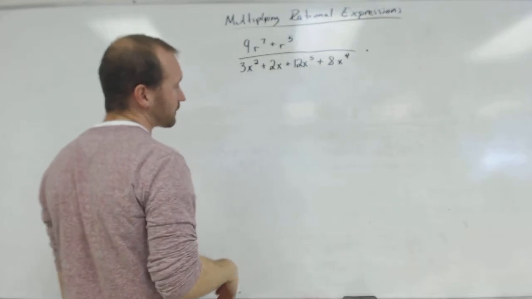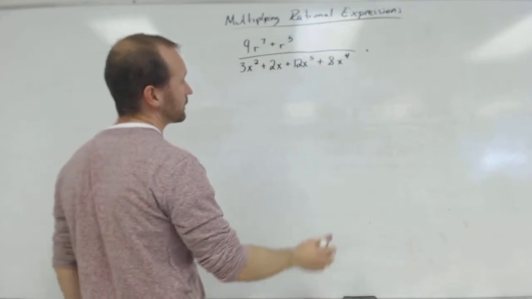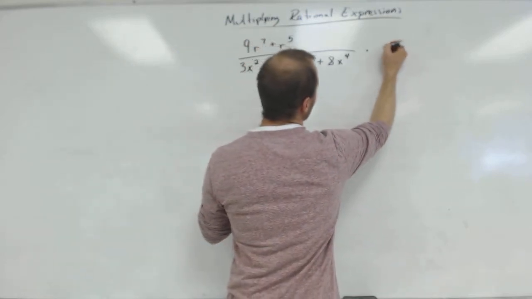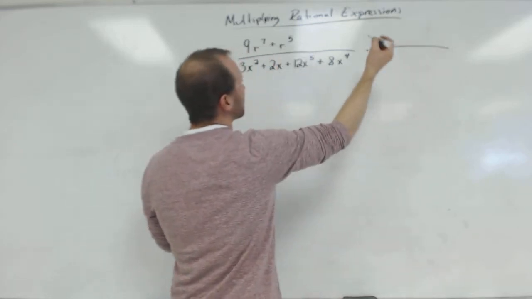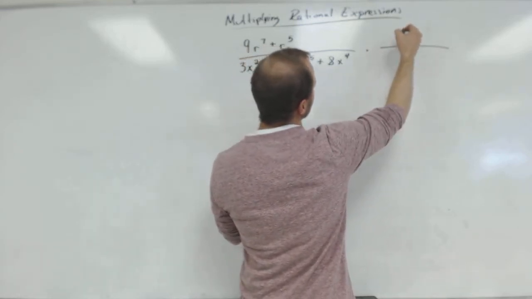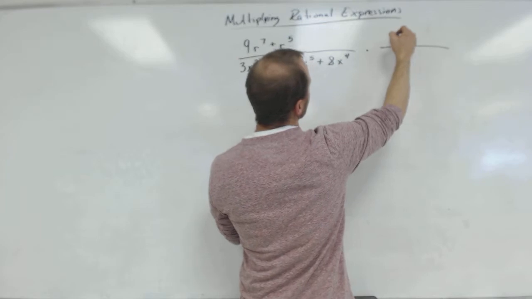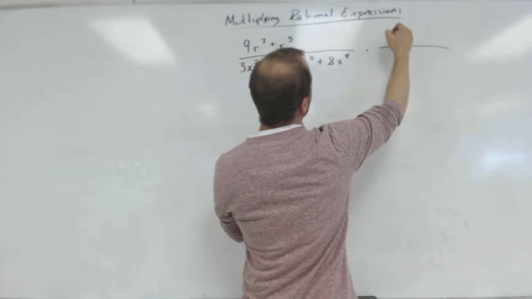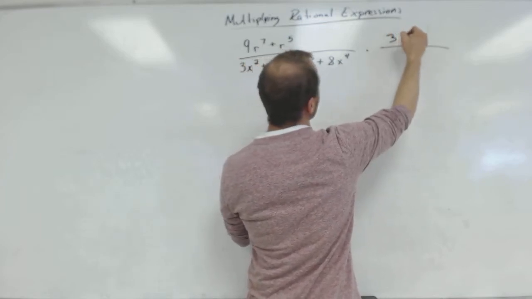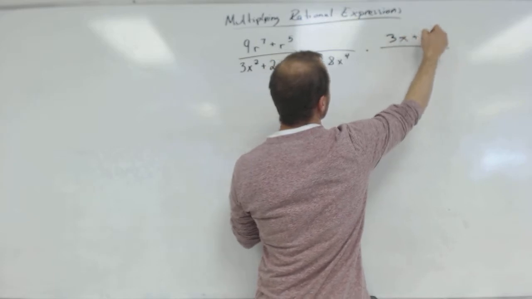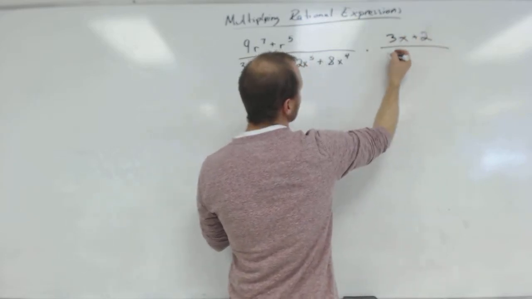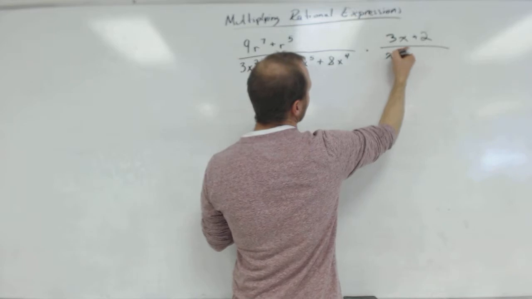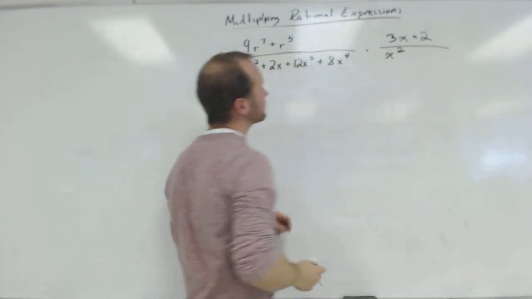I'm just trying to think of something totally crazy, right? So maybe over here we've got 3x plus 2, and down here x squared.